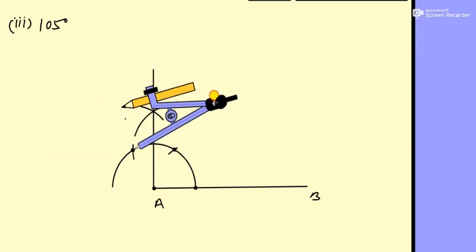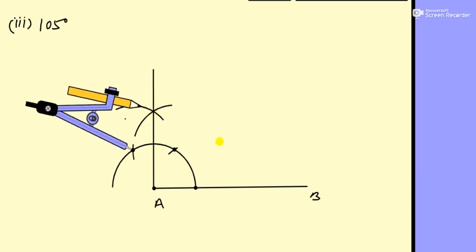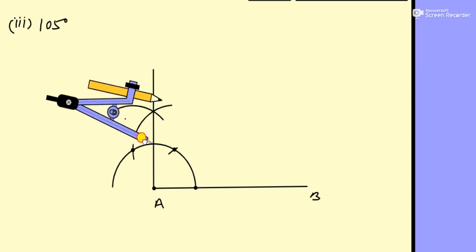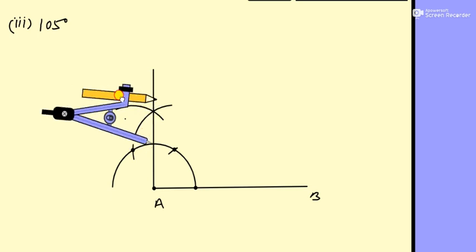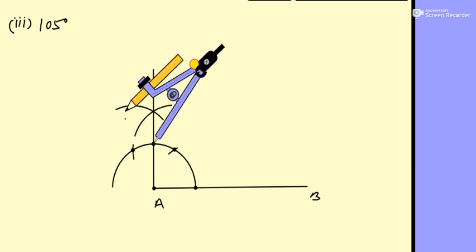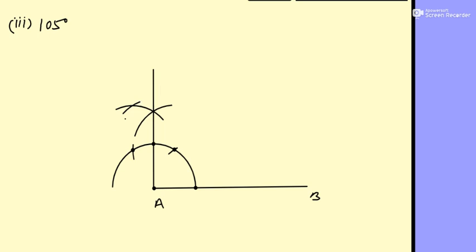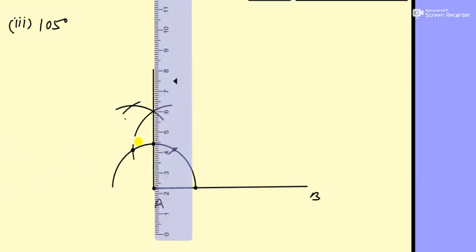Yes, make this type of arc and once again keep it here and make an arc like this. It is the next arc and they are intersecting at this point, and remove the compass and with the help of scale we can draw a line segment.